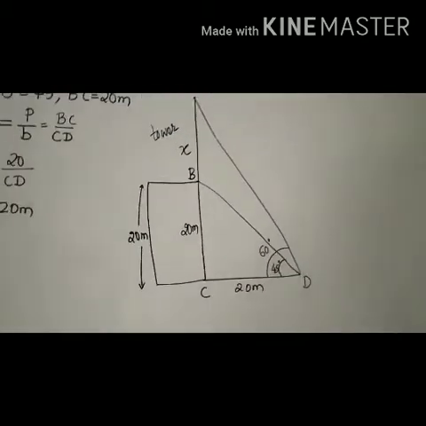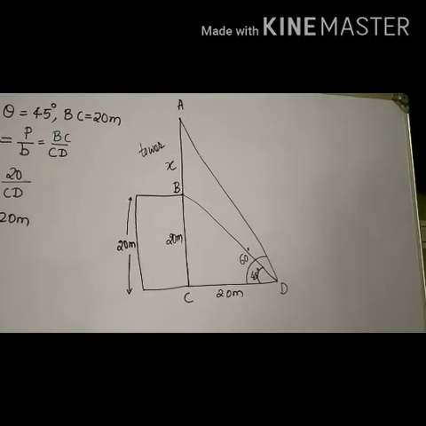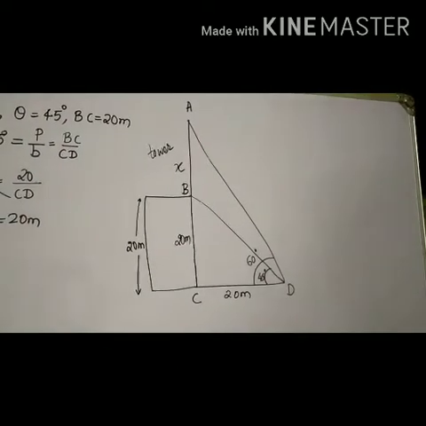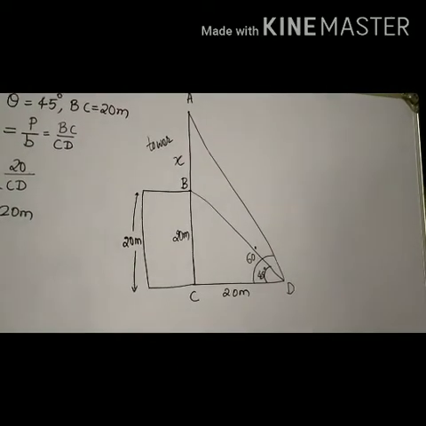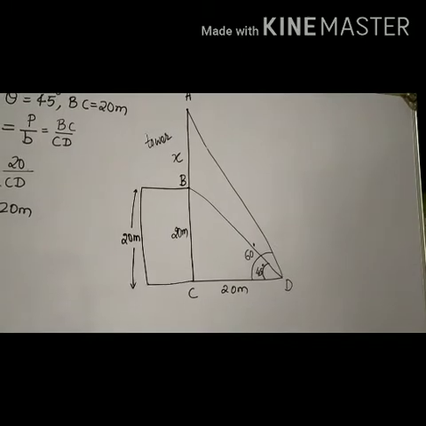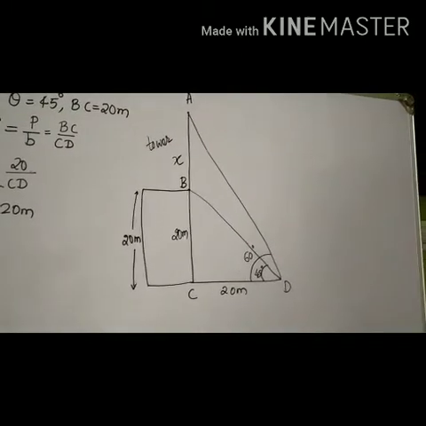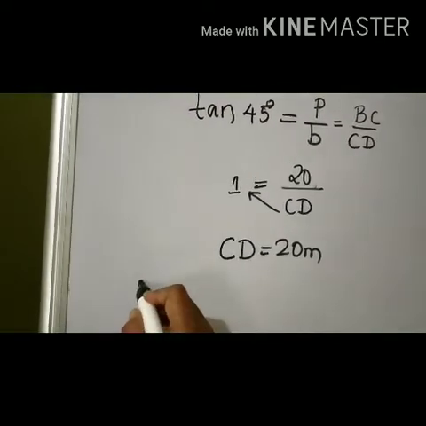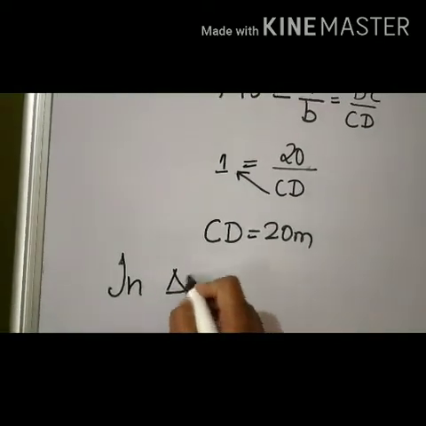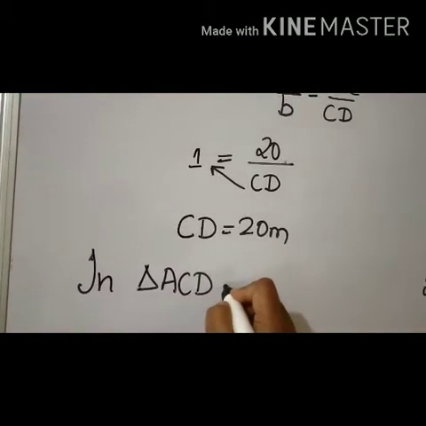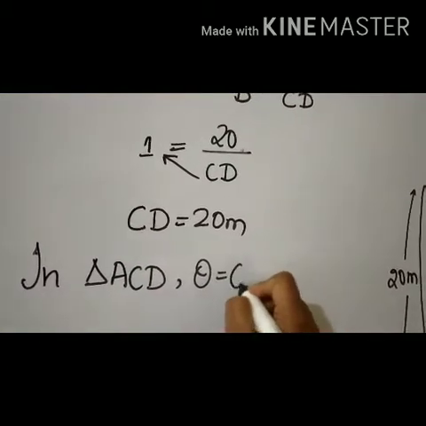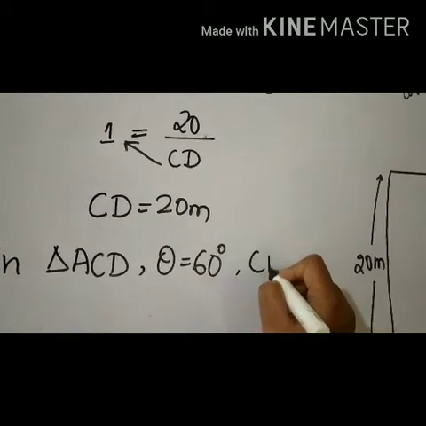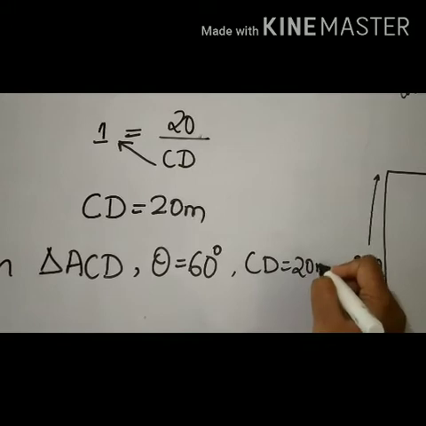Okay, now if you observe the figure, we have got the base CD and we have BC as 20 and AB is x. We can find the value of x using the same ratio again, tan ratio, in triangle ACD. So now let us consider the triangle ACD. In triangle ACD, the theta here is 60 degrees, CD is 20 meter.